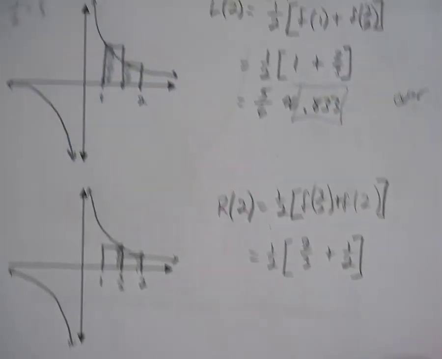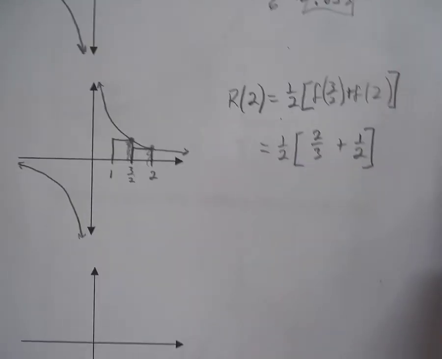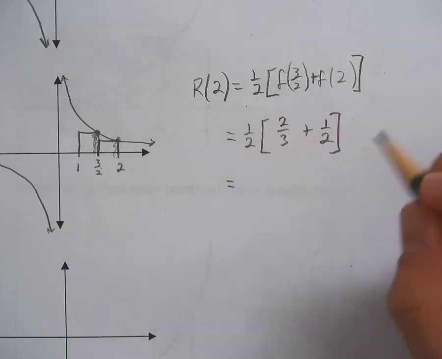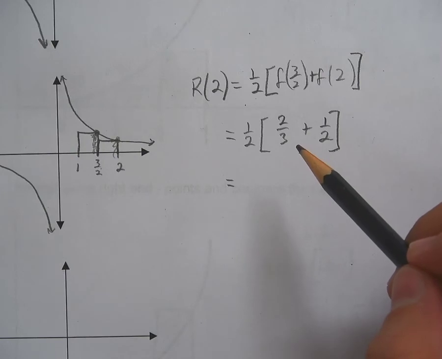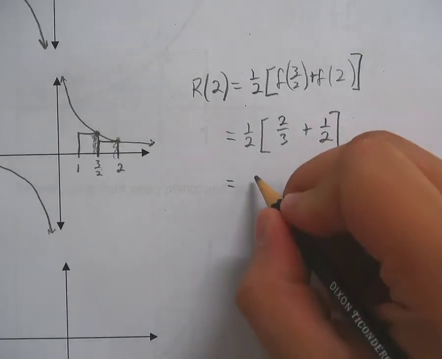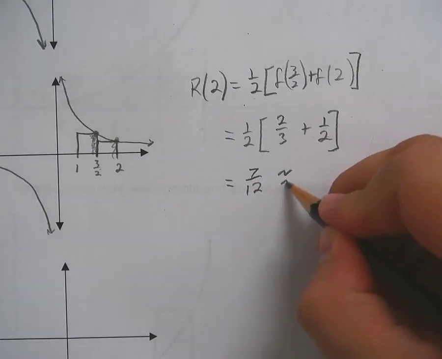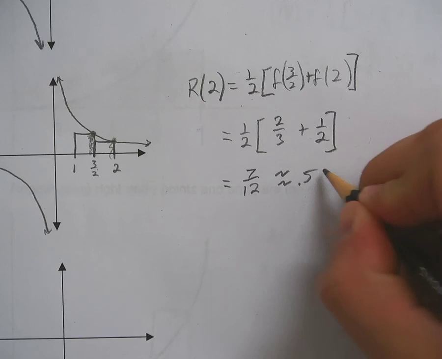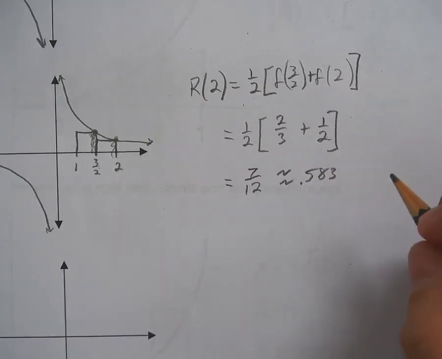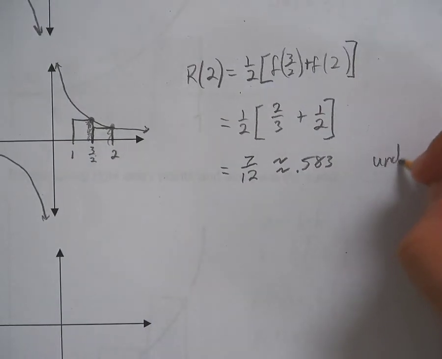Again, I'm plugging that in. 1 over my x value is 2, which is going to be 7/12, which is roughly 0.583. And see how all of my rectangles are under my graph? That's going to be an underestimate.